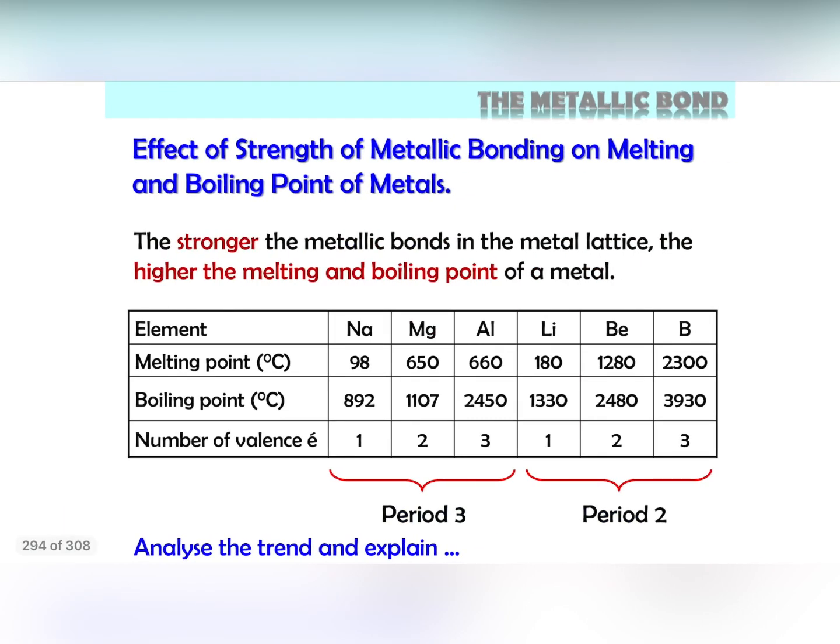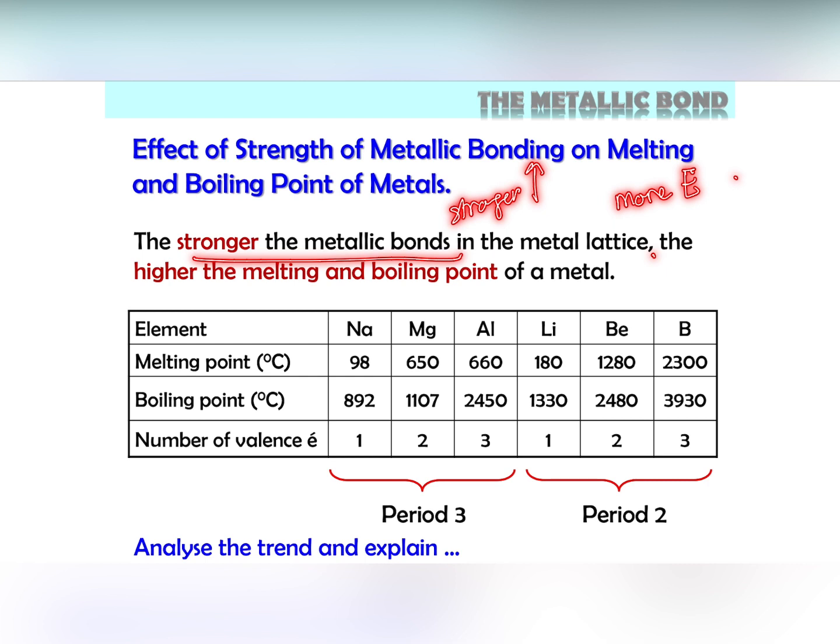Okay, so let's compare the effect of strength of metallic bond on melting and boiling point for metal. So the stronger the metallic bond in the metal lattice, the higher the melting and boiling point. So maksudnya kalau metallic bond tu strong, okay, stronger, means you need more energy to break that metallic bond.